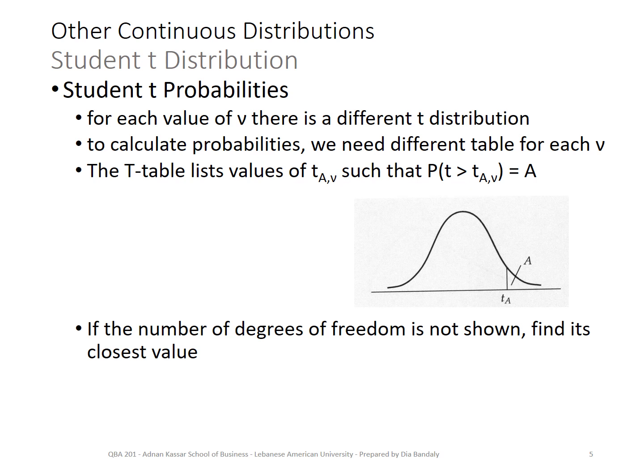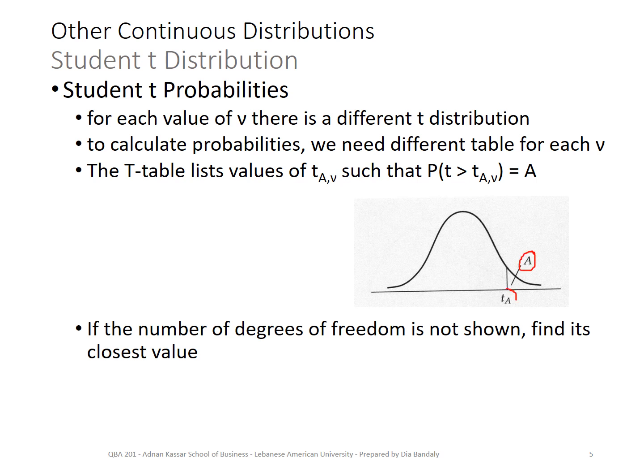Instead, we use one unique table, where different rows refer to the different possible values of the degrees of freedom. But what's important for you now to know, and I'm going to discuss that later when I show you how to read the t table, is that the area refers to the area on the right hand side of t.